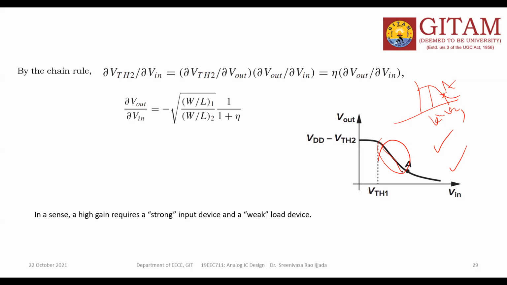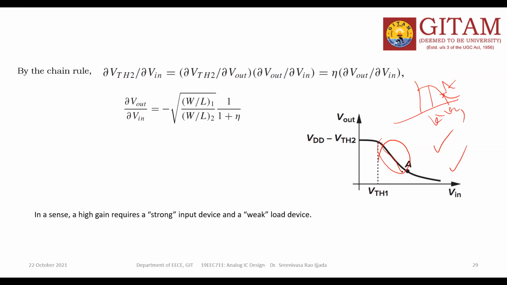Now, when the depletion or enhancement load is added, what is the problem? You can recall the voltage swing. The same process we have seen for the CS with RD load, where whenever the input is 0, no current is flowing in the device. So the output voltage formula is Vout equals VDD minus RD times ID.